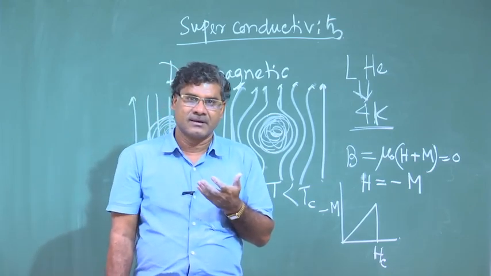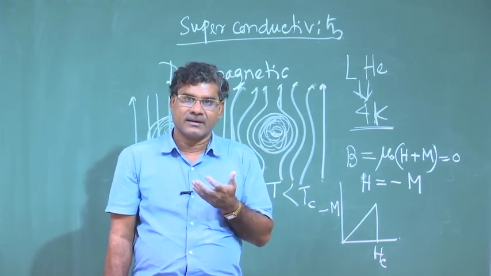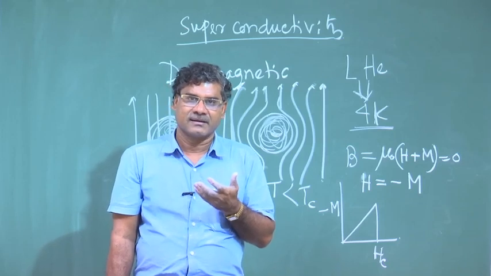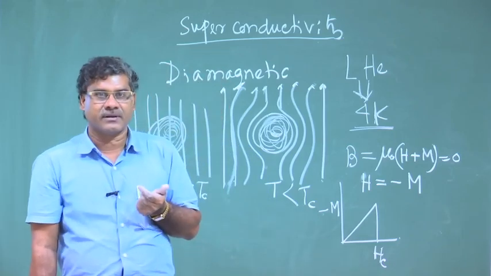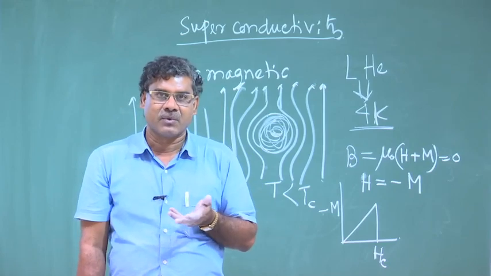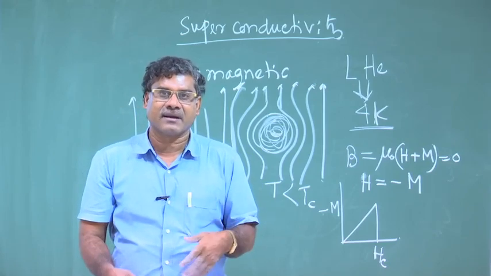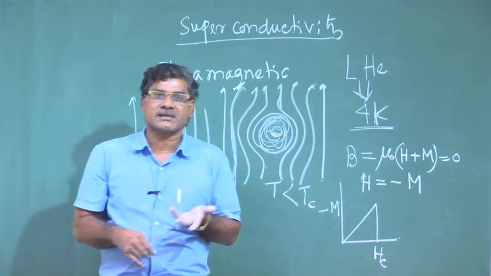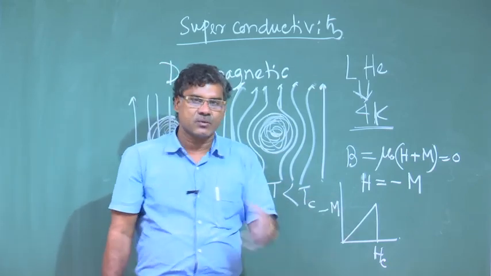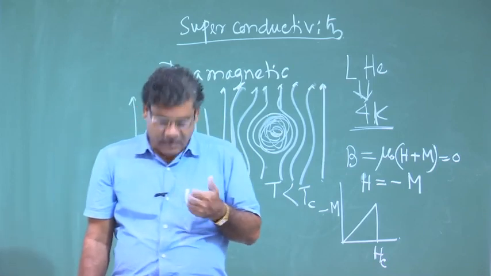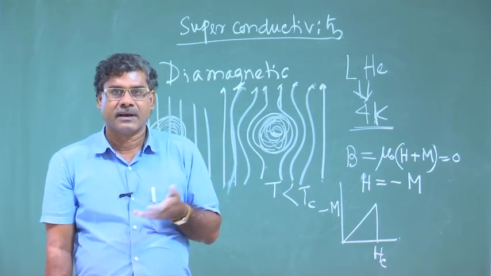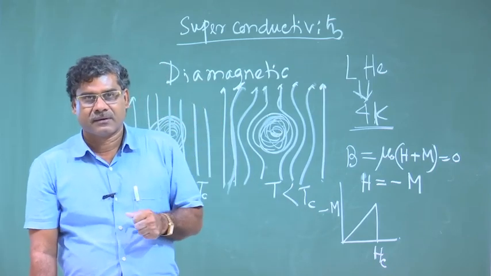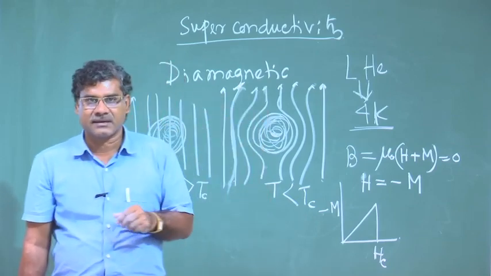Now, the interesting thing is that superconductors can produce the highest magnetic field so far in our laboratory. Using an electromagnet we get hardly 2 to 3 Tesla maximum, but using these superconductors in our laboratory we get 10 to 20 to 30 Tesla.